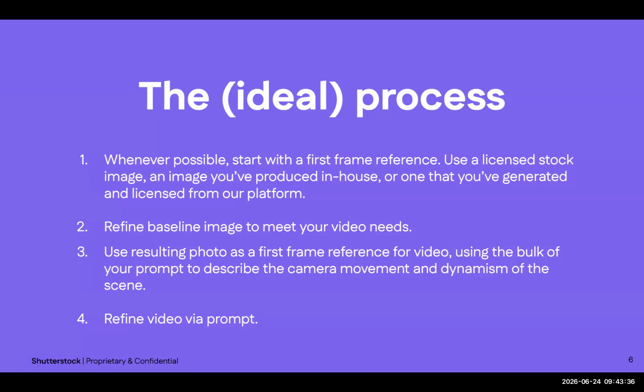So you've licensed it from stock, you've produced it in-house, or it's one that you've generated on our platform and then licensed. This is going to give you a much better way of getting to that end result without having to burn through a ton of generations or pull your hair out working on all of these different edits. So really using that baseline image to get you further along is the better approach.